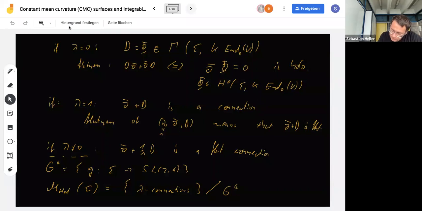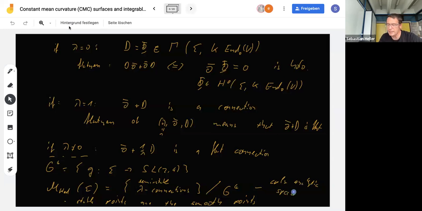So we restrict to semi-stable or irreducible lambda connections. The irreducible or stable points are again the smooth points of this complex space. So this space is a complex analytic space again.